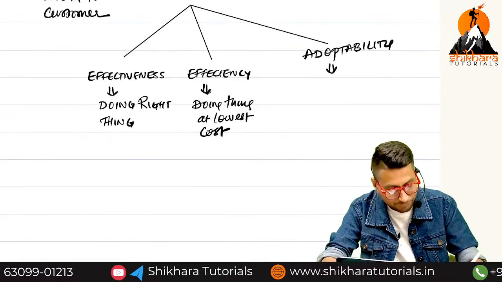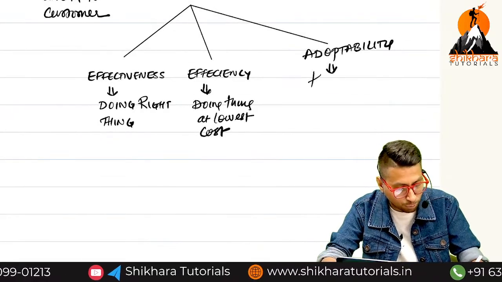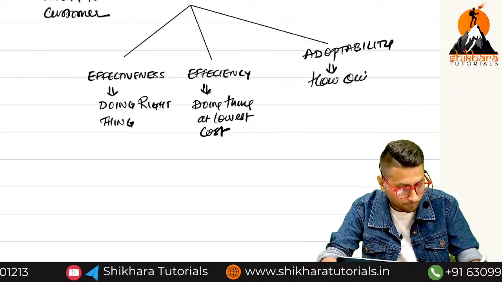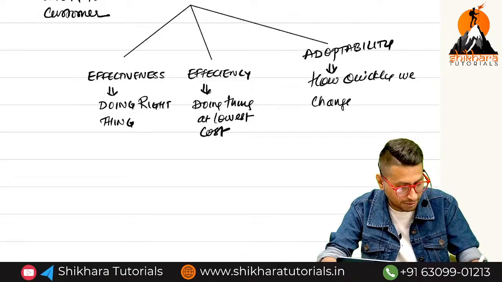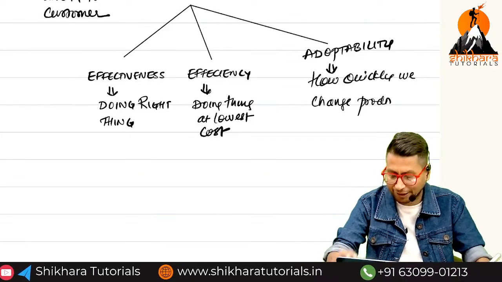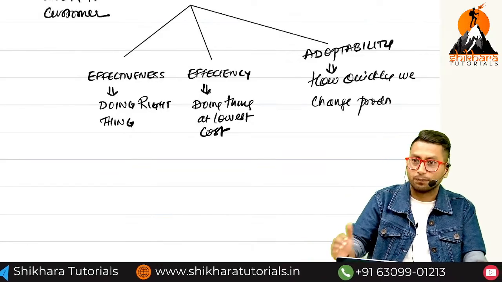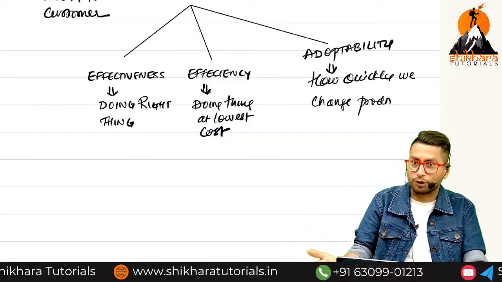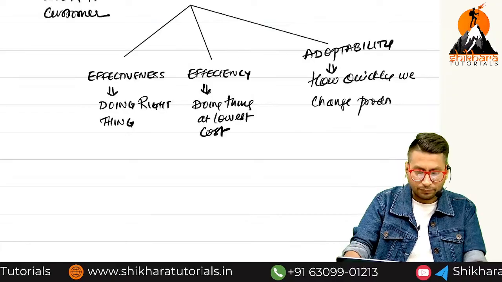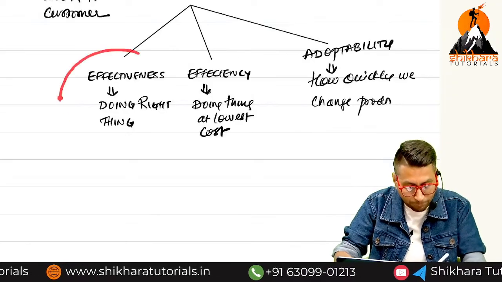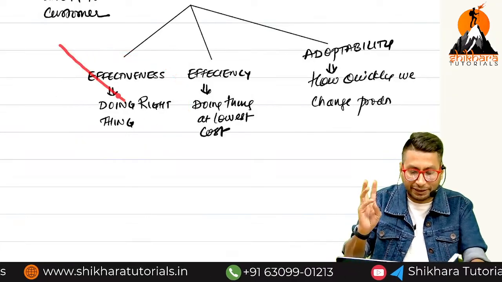So adaptability means how quickly we change production. It can be production quantity, production size, production variety, anything. Clear? Because if I'm not effective, I'm not providing what customers want.